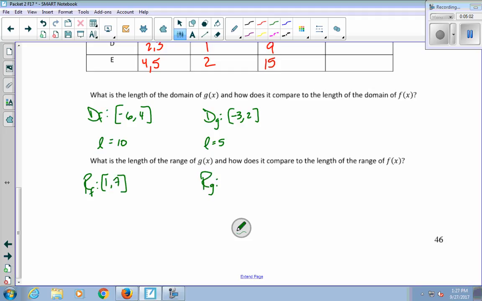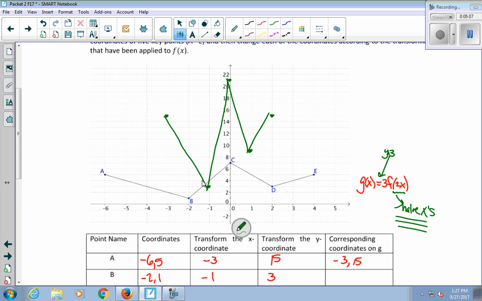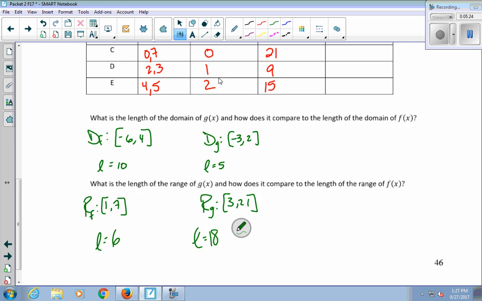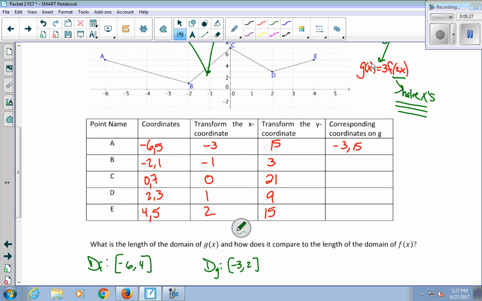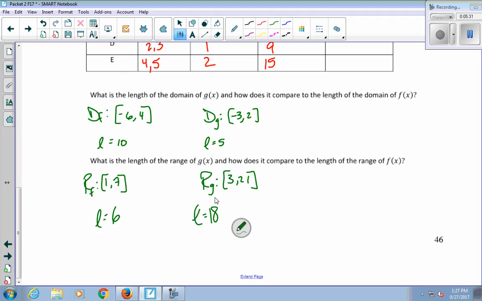The range of G: smallest y looks like 3, and the biggest y is 21, 3 to 21. So my length was 6, and my new length of G is 18, and that corresponds to the fact that we did a vertical stretch by a factor of 3. My range is 3 times as long as it used to be.